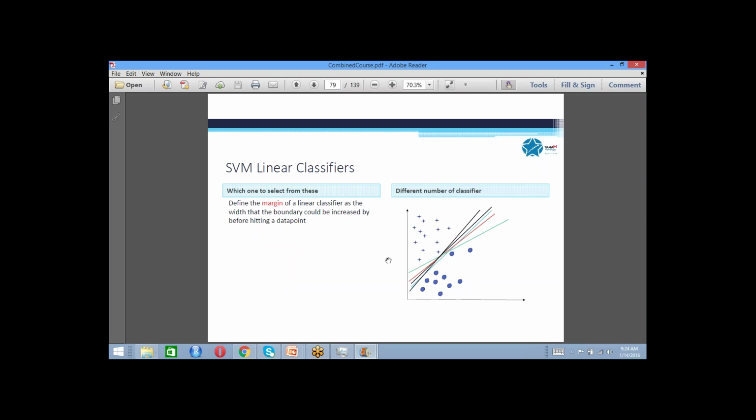You see the diagram? Is it clear? There are multiple linear classifiers which can be used to describe the data. And that is usually a problem when it comes to modeling data using linear regression.